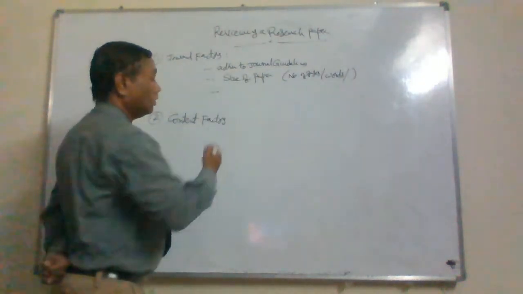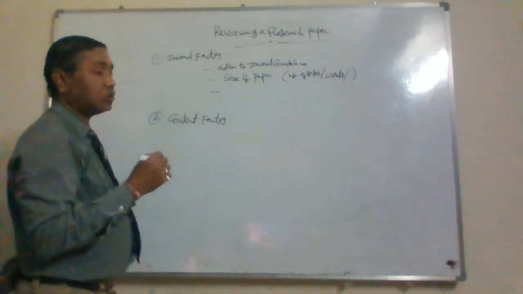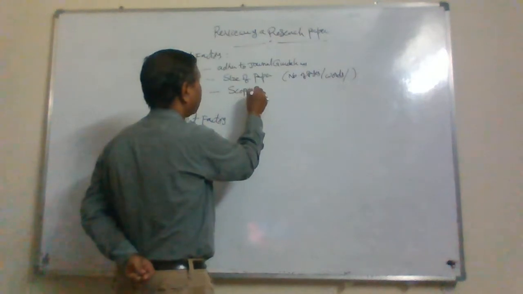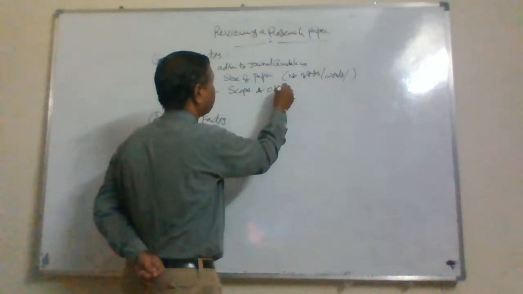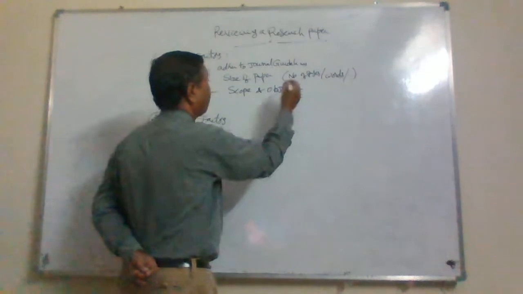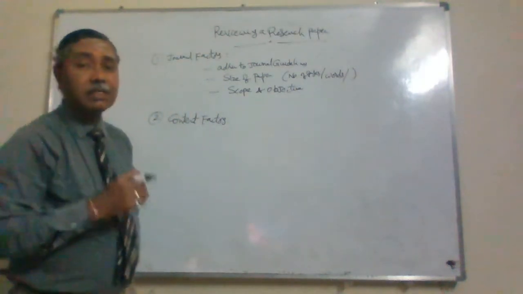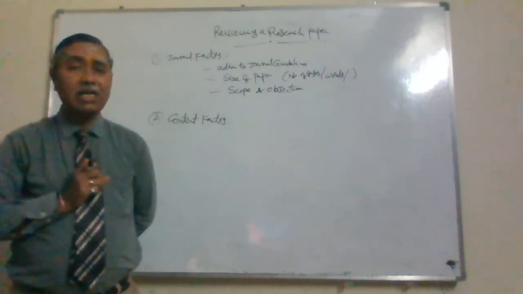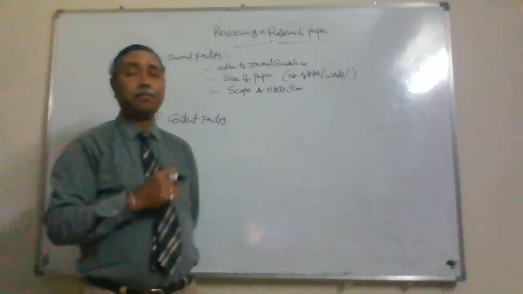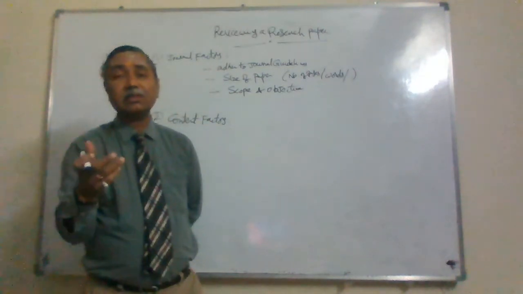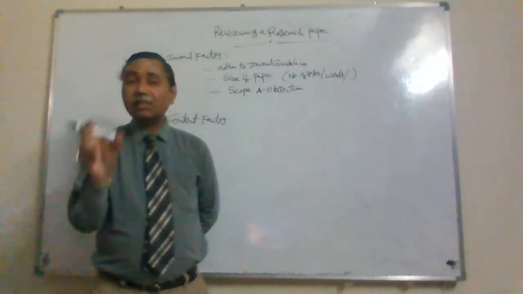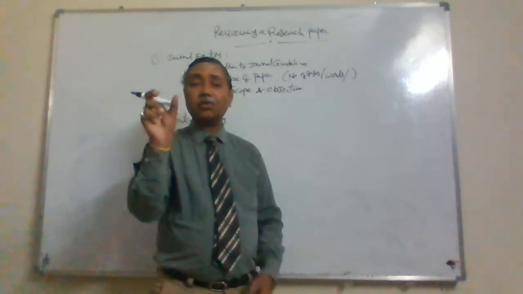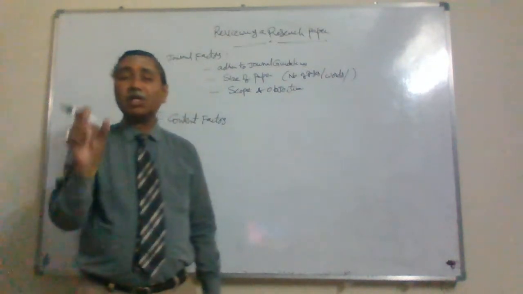Next one is the scope of the journal. Is the paper in line with the objective and scope of the journal? That is important. Whatever paper we are reviewing, does it come under the journal's scope? For example, a Journal of Business Management will specify human resources management, financial management, entrepreneurship, and marketing management, and they consider all of these.